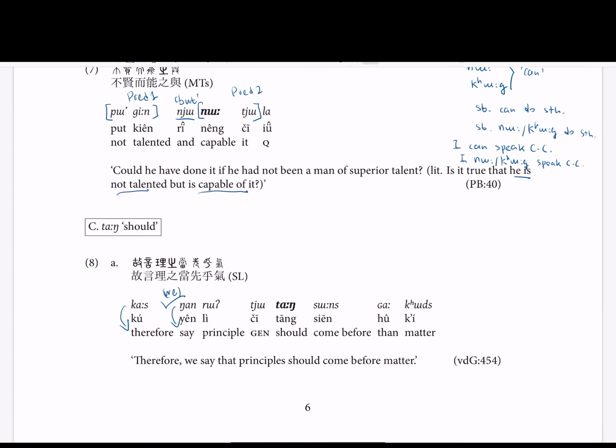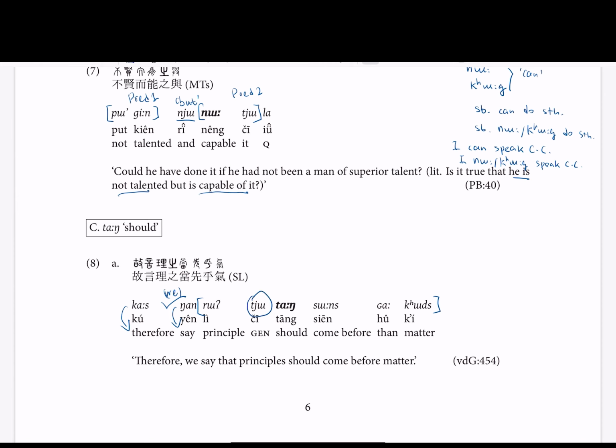And its complement is the sentence, principle should come before matter. And as a general rule, object clauses in classical Chinese are nominalized by the genitive marker 就, which is inserted between the subject and the predicate of the sentence.